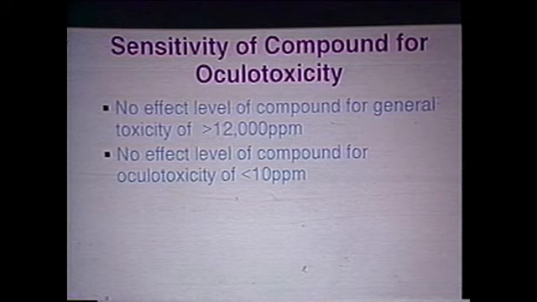Whereas the no effect level for the effect on the eye was much below 10 ppm and probably nearer 5 ppm. So there's a tremendous range of sensitivity there, and the eye often exhibits this marked sensitivity.